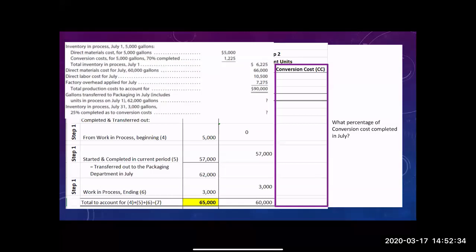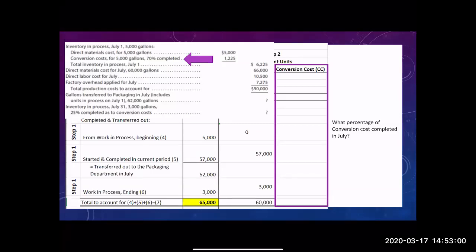So, what percentage of conversion costs was completed in July? Here's where we start. The very top says inventory in process, meaning beginning work in process. We already know it was 5,000 gallons. But with regard to conversion costs, it says 70% was completed in June, the prior period.